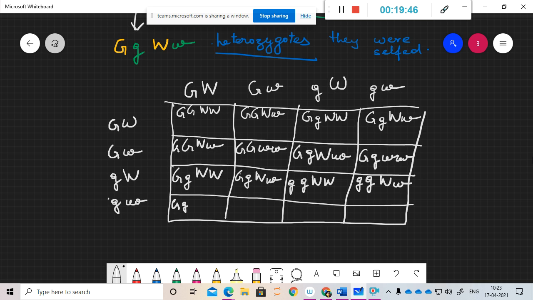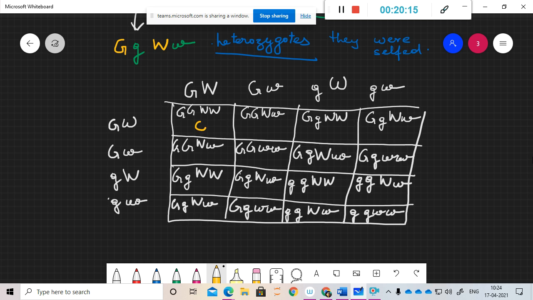Then capital G, capital W, small w. Capital G, small w, small w. Then you have small g, capital W, small w, and so on, finally.